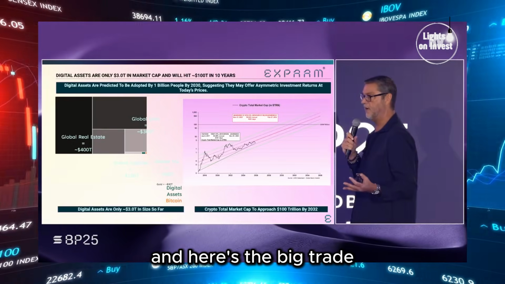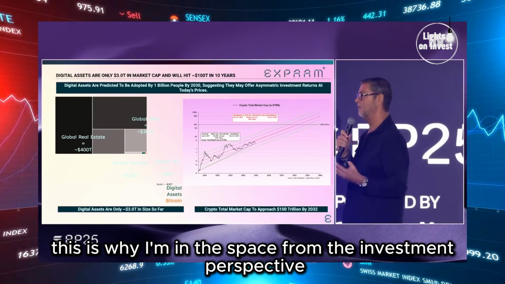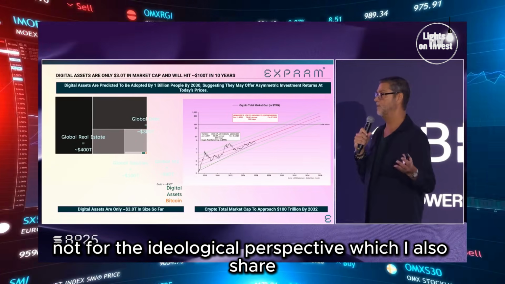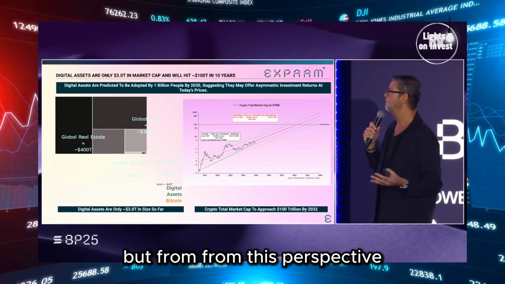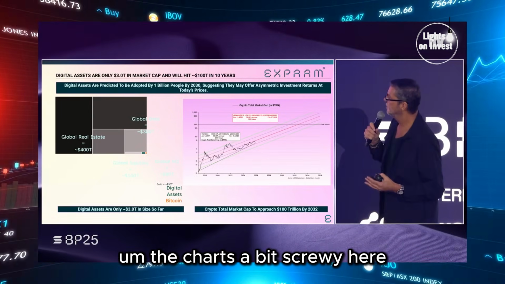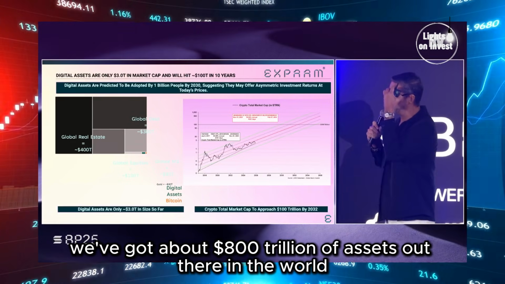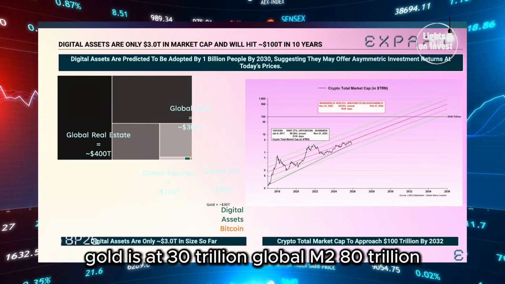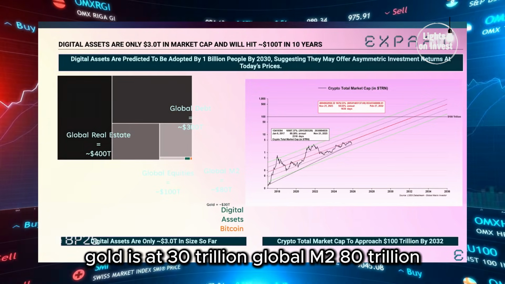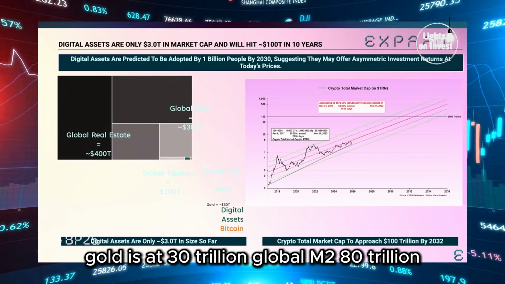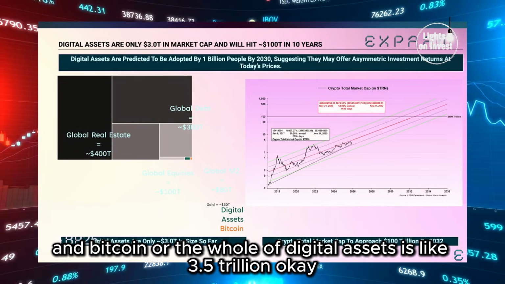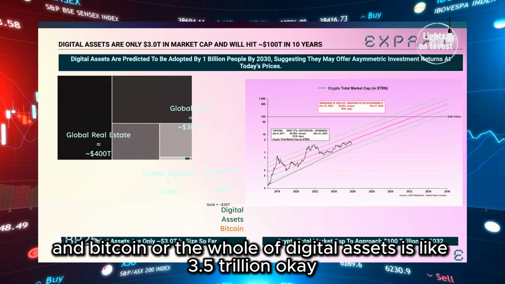And here's the big trade. This is why I'm in the space from the investment perspective, not for the ideological perspective, which I also share, but from this perspective. The chart's a bit screwy here, but basically we've got about $800 trillion of assets out there in the world. Gold is at 30 trillion, global M2 80 trillion, and Bitcoin, the whole of digital assets, is like 3.5 trillion.